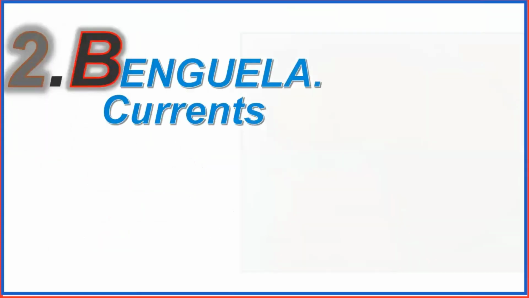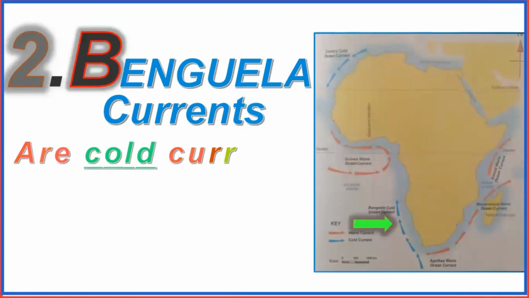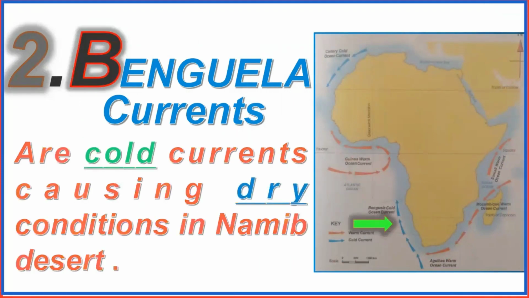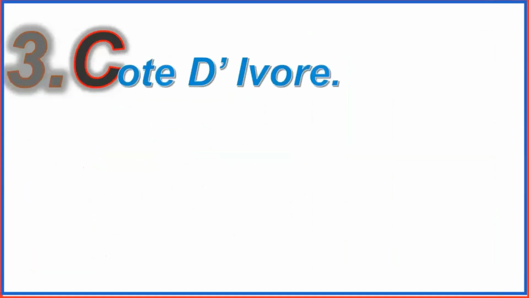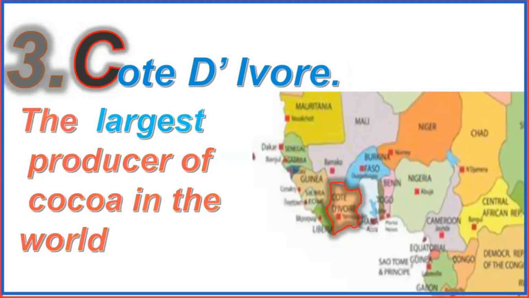B for Benguela currents, cold currents causing dry conditions in the Namib desert. C for Cote d'Ivoire, the largest producer of cocoa in the world.